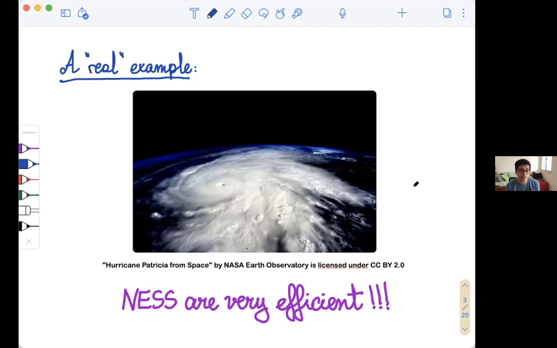And it turns out that this is an example of a non-equilibrium stationary state, because you have these two heat reservoirs, and in the middle the hurricane is in a stationary situation. Okay, and you see here that stationarity is not what we usually understand. Usually, we confuse stationarity with equilibrium.